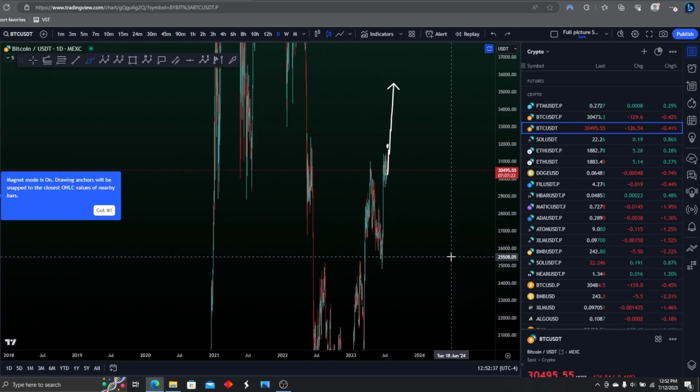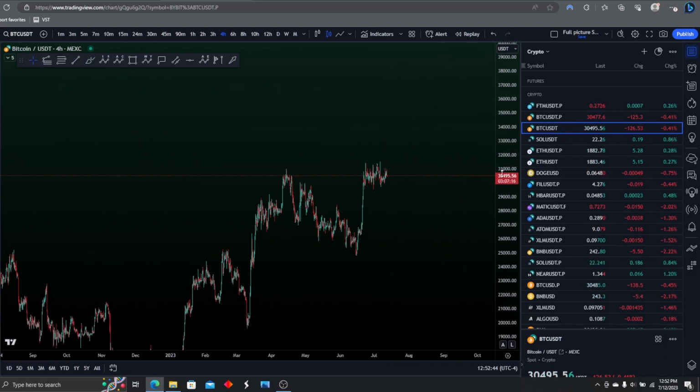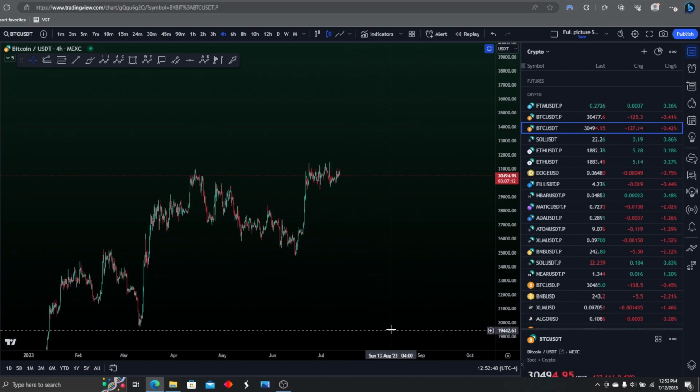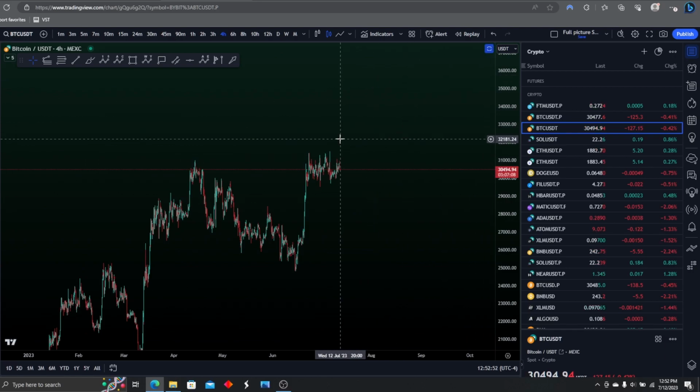You could miss out on that huge move, but that's how everyone's thinking. So you've got to not think like everyone. That's where you've got to differentiate yourself. That's how you make money trading these markets.